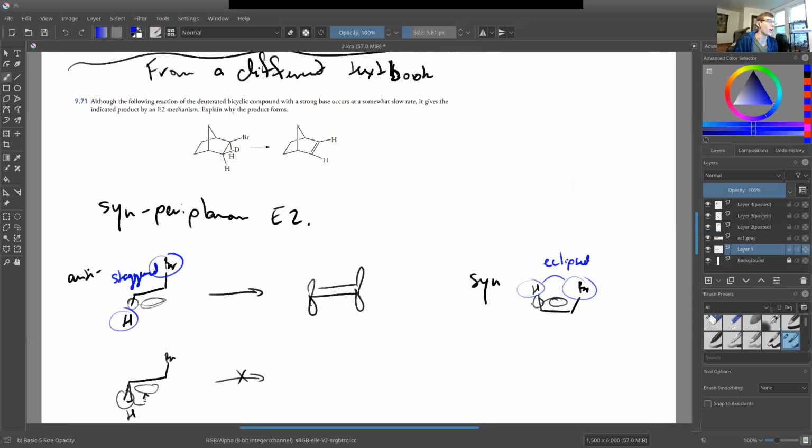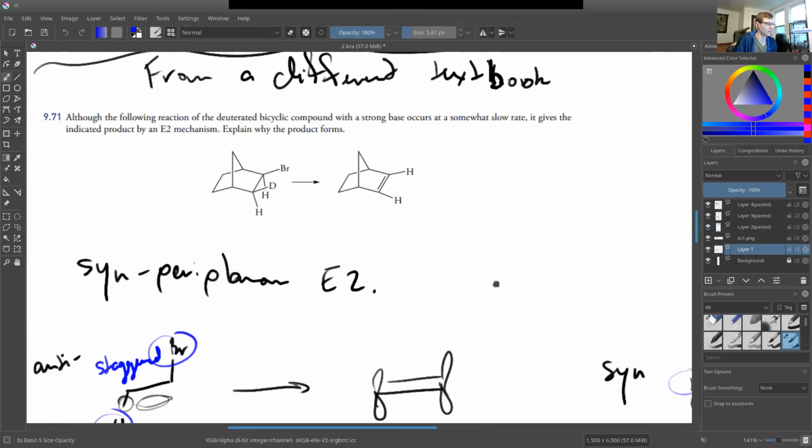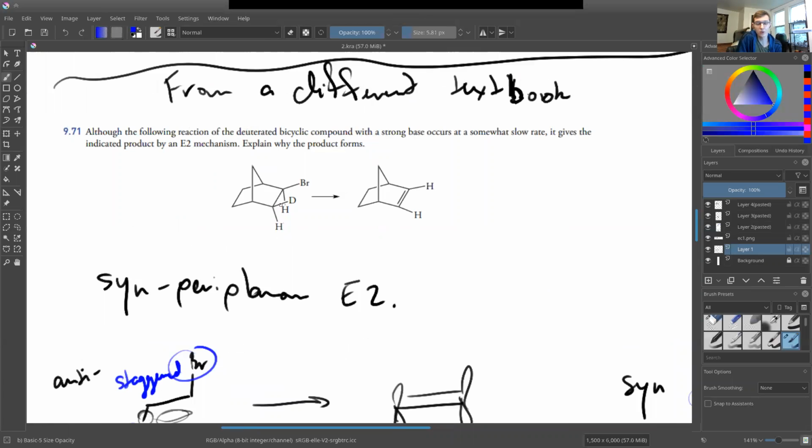So in the case of this problem, this molecule is locked. There's no wiggle room. There's no way to get the bromine and the hydrogen down here to be in the same place, so we can't get them to be anti.